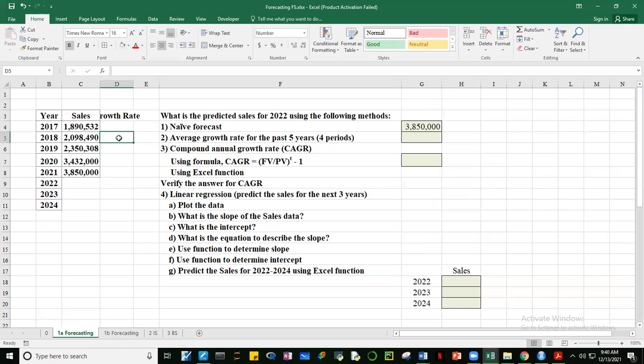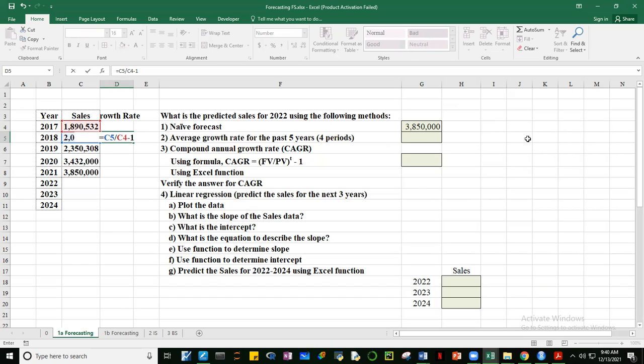Let's compute the growth rate between 2018 and 2017. What's the formula, guys? I think we discussed this already before. So it will be equal to the most current value divided by the previous value, okay, and then minus 1.